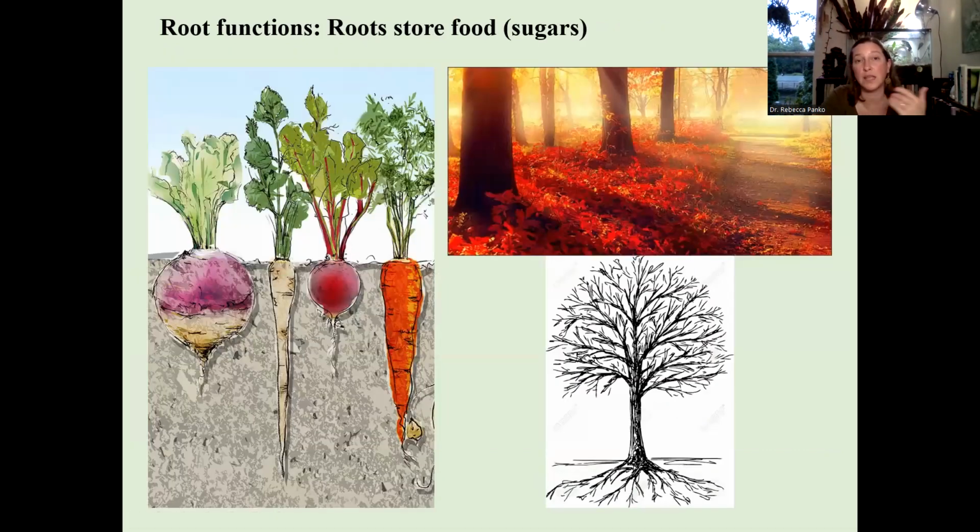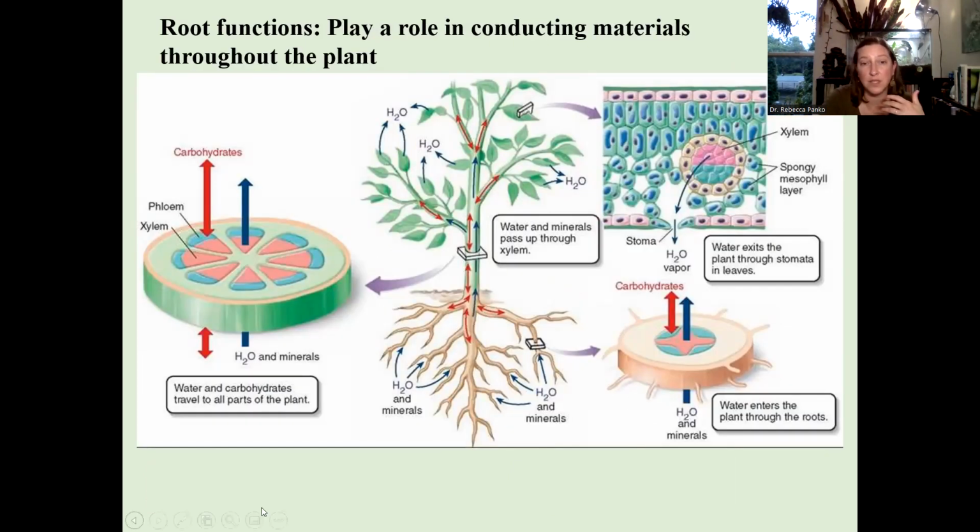Another thing roots do is they store food in the form of sugars. So just like I was saying, you don't need to know the details of this, but it's a good place for me to draw on to get this point across. So remember that phloem transports sugars from the leaves where photosynthesis occurred to the roots and rest of the plant.